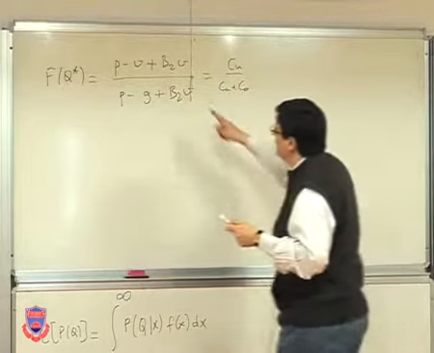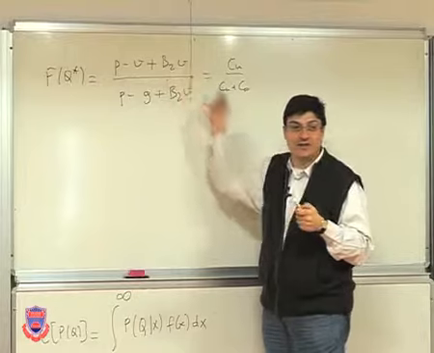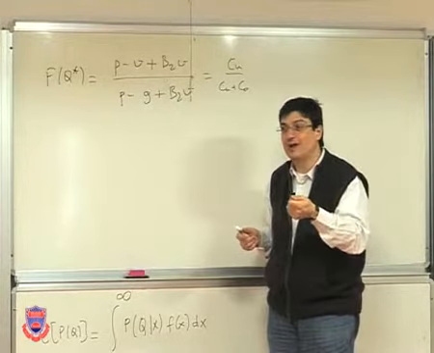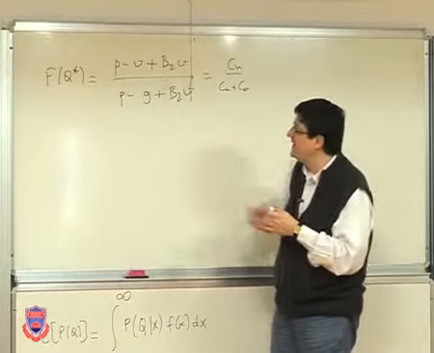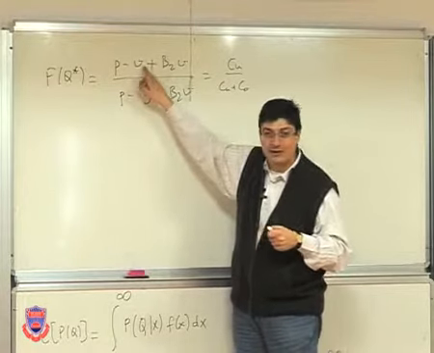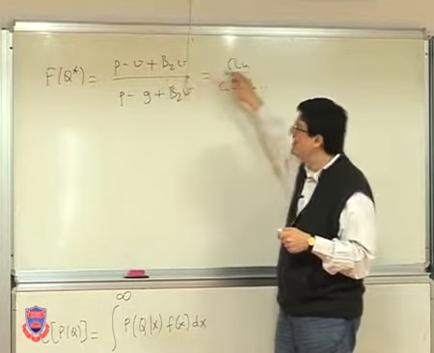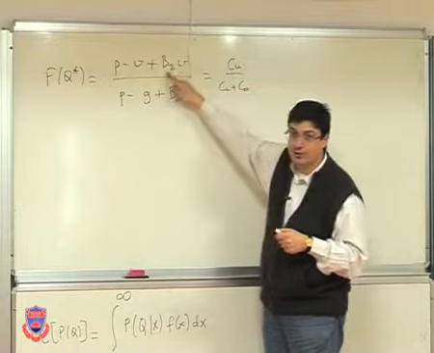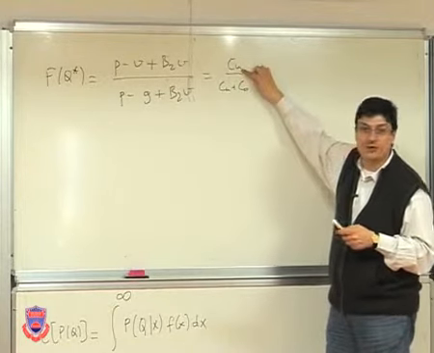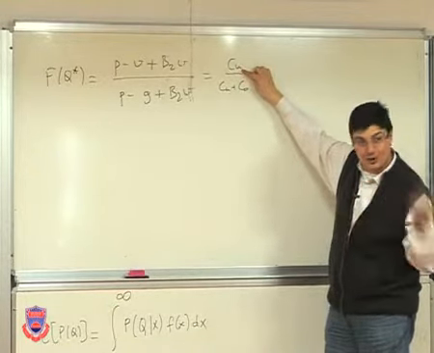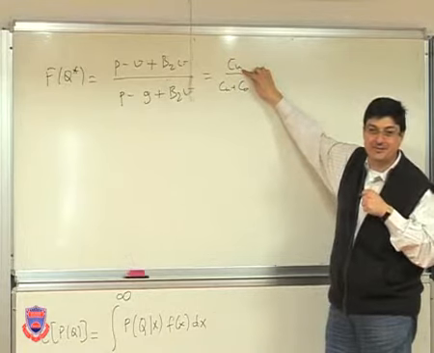Okay? And what is B2V? B2V is the penalty that you pay for each demand that you cannot satisfy. You not only lose the profit, but you pay a penalty. So basically, the sum of those two is going to give you cost of underage. It is the cost of not satisfying the demand.